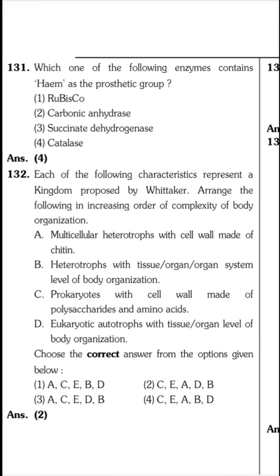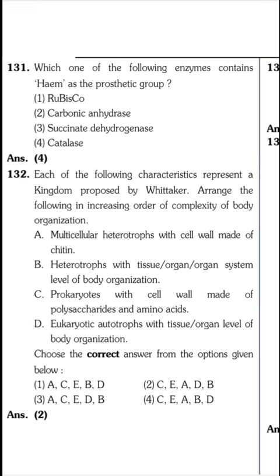Next one, each of the following characteristics represents a kingdom. This is the biological classification chapter. The 5 kingdom classification we are discussing. First option, multicellular heterotrophs with cell wall made up of chitin. So we have to arrange it in sequence.